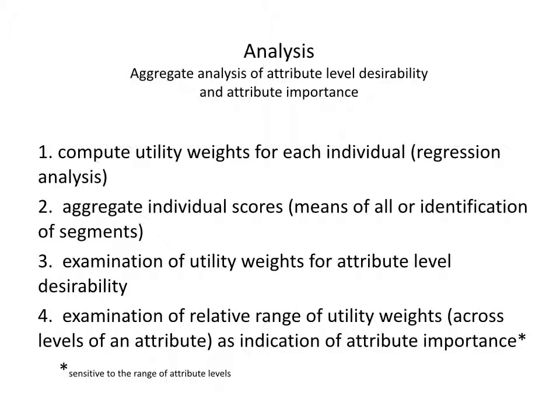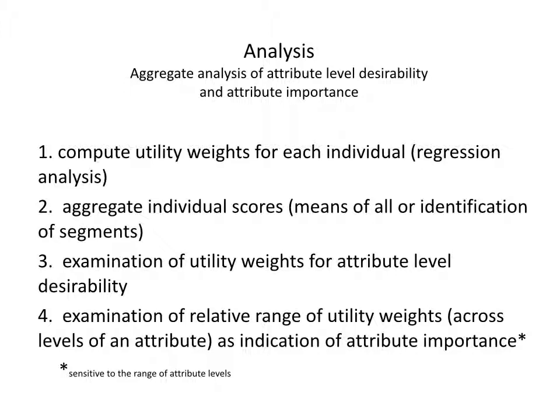Conjoint analysis can be done, as mentioned earlier, for three purposes. One is an aggregate analysis of the attribute level desirability and attribute importance. So aggregate analysis because though the computations are done individually, it's fairly of interest to know what one individual's preferences are.